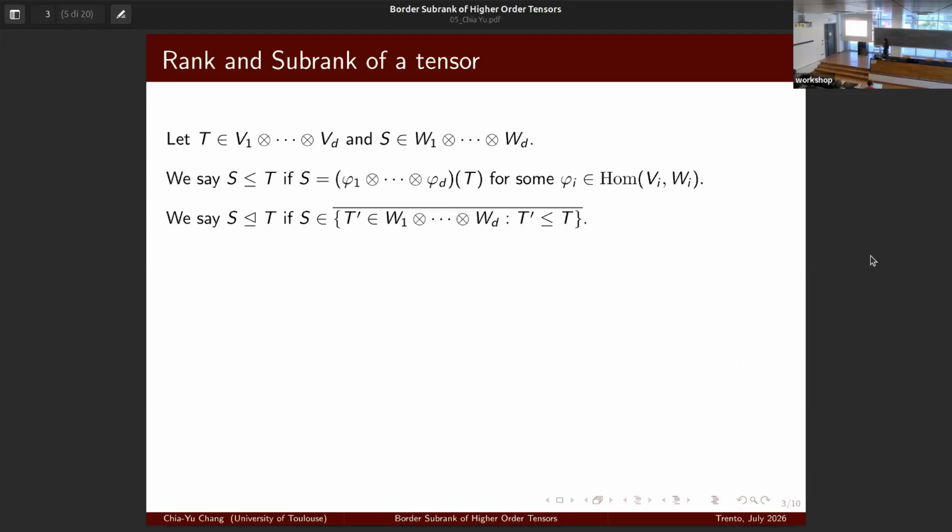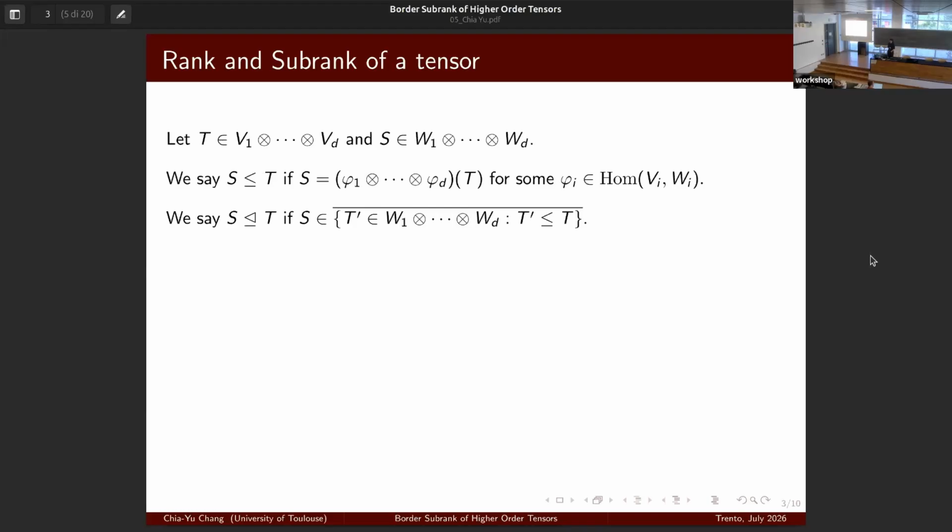If we have two tensors of the same order, then we say S is a restriction of T, denoted by this, if S can be written by applying some linear maps on T. And we define degeneration, denoted by this: S is a degeneration of T if S lies in the closure of tensors that are restrictions of T.